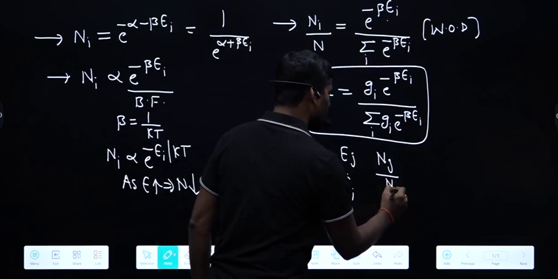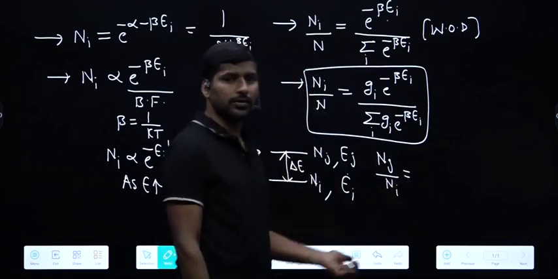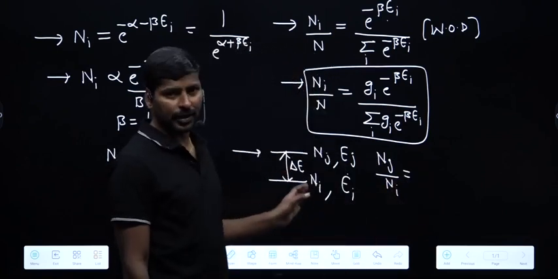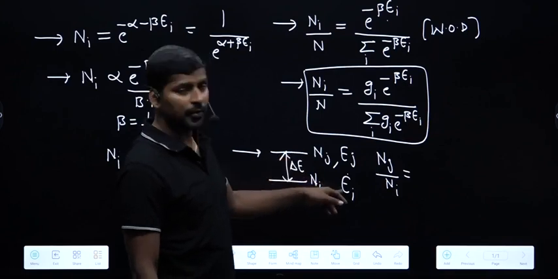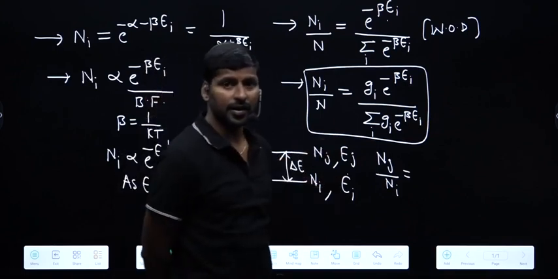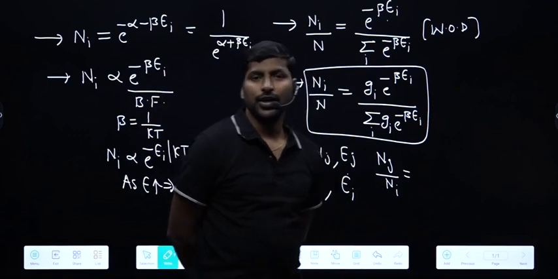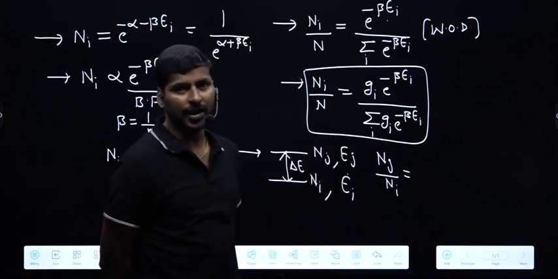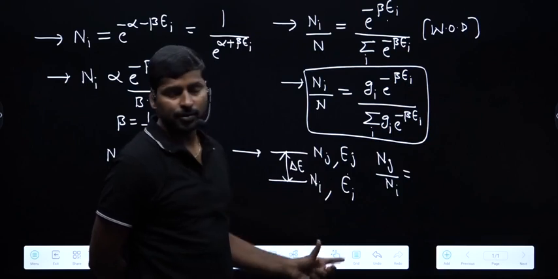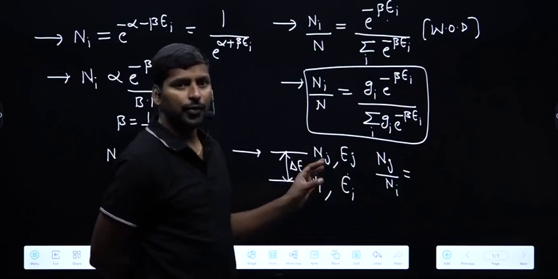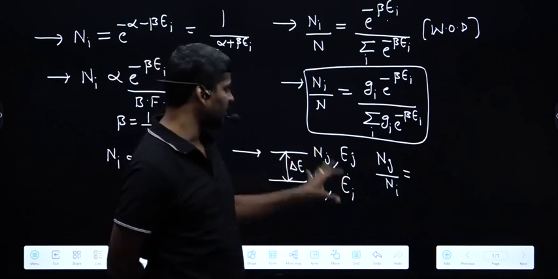This relative population is also useful in spectroscopy to compare the intensity of spectral lines. Some transitions occur from the Ei level, some from the Ej level, and whichever has higher population, the corresponding spectral line intensity is high.